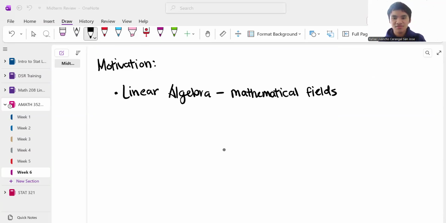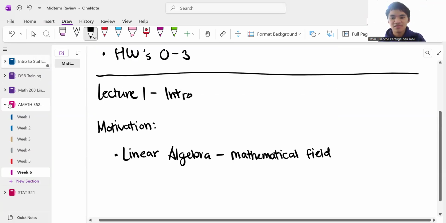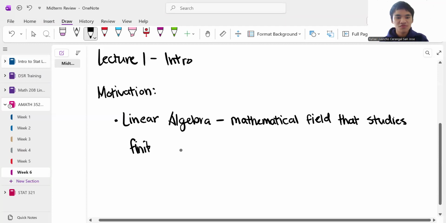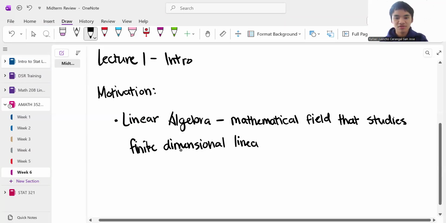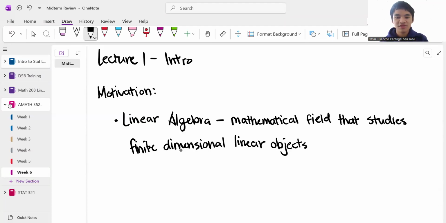And linear algebra is a mathematical field that studies finite dimensional linear objects. So we're not going to talk about non-linear stuff. Here we're focusing more on linear objects.